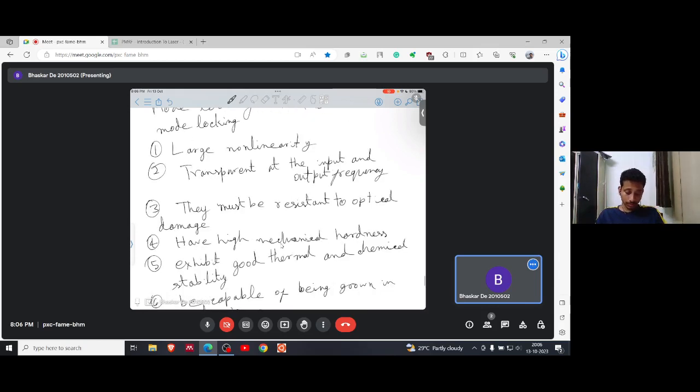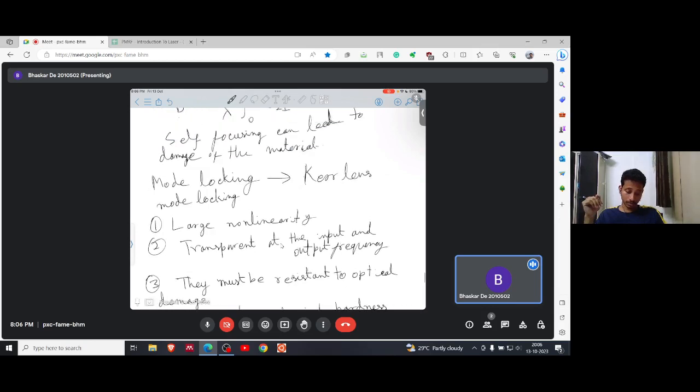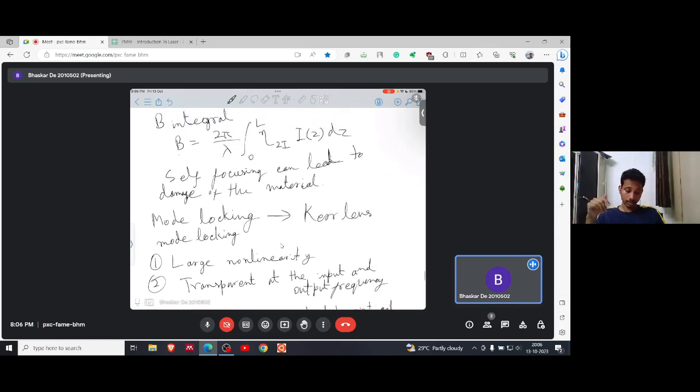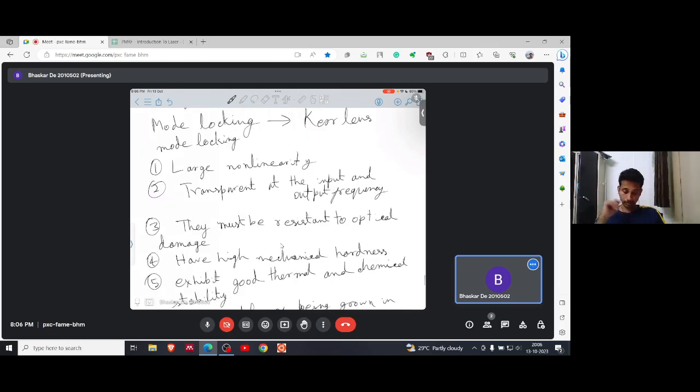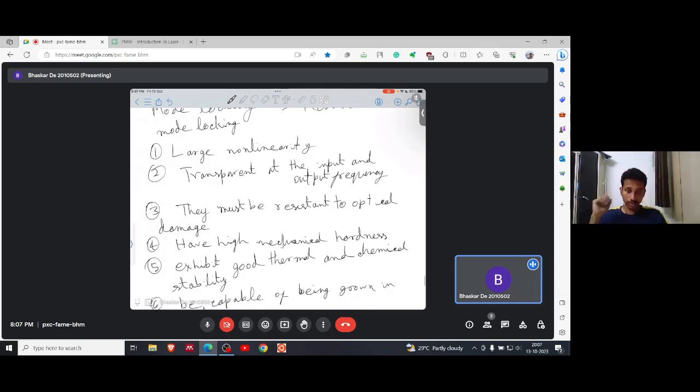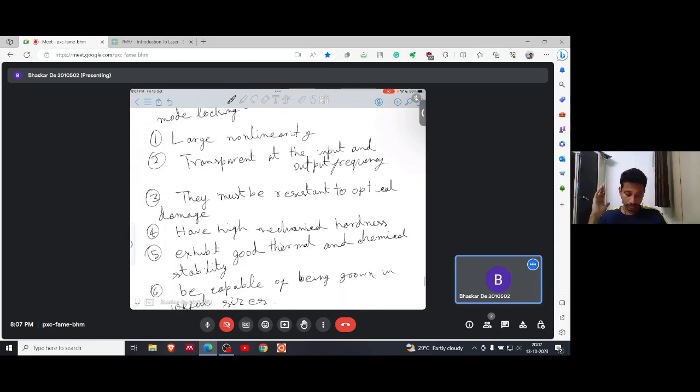Then they must be resistant to optical damage, which is obvious because effects like Kerr lensing and absorption can damage the optical material, so they must be resistant to optical damage, and their damage threshold must be very high.